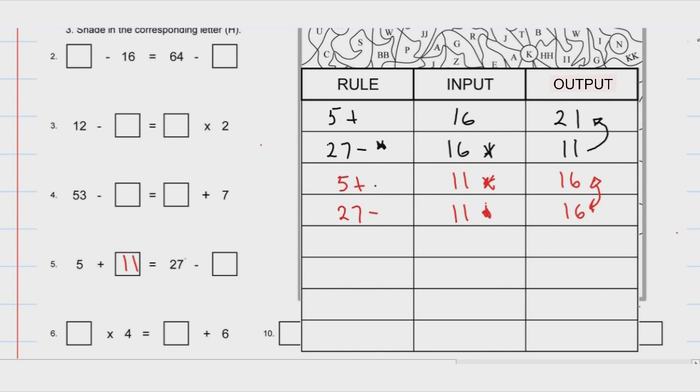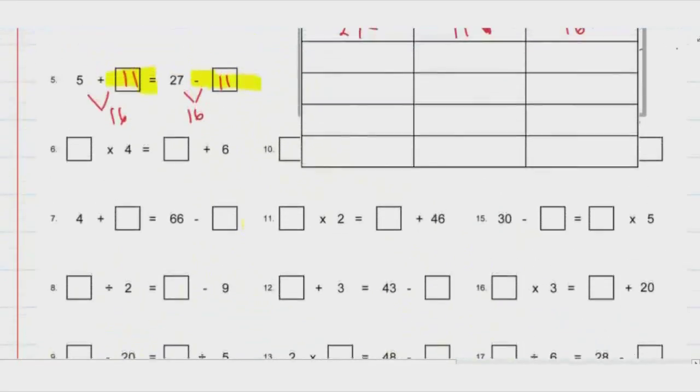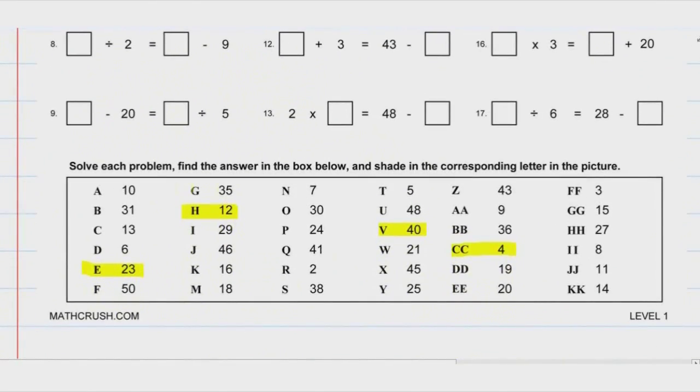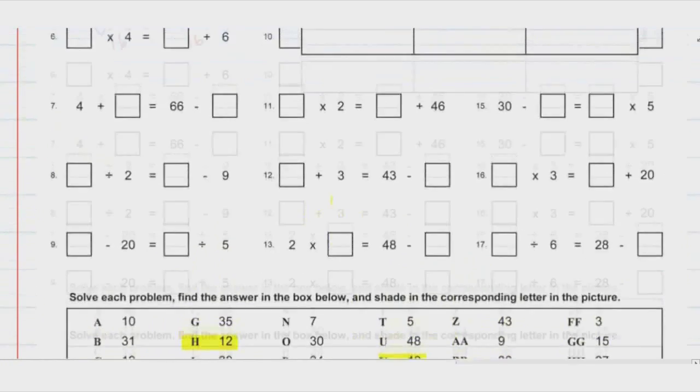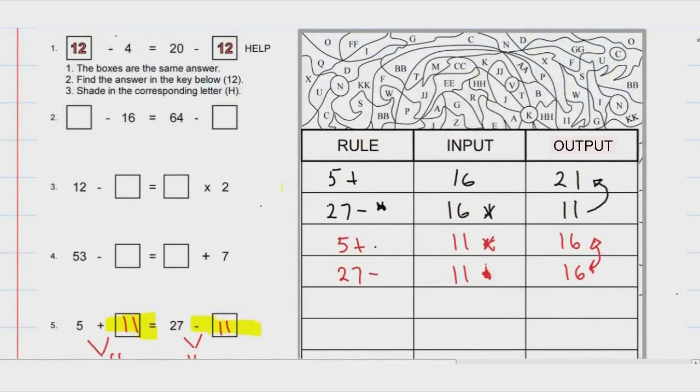Again, we are looking for the number 11 down here in our box, not 16, 11. Whatever goes in the box, we're looking down here in the box. Box for box. So we're looking for the number 11, and 11 is going to be JJ. So we come back up here, and you're going to shade in all the JJs.